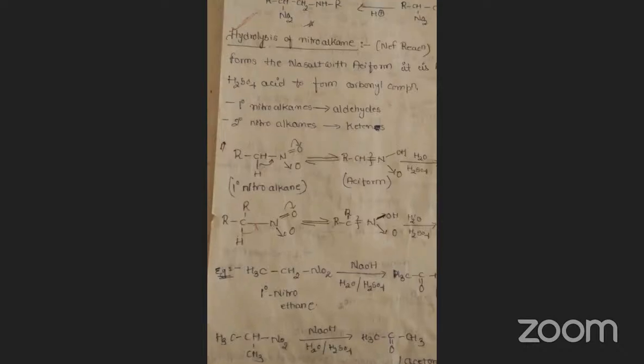In this first reaction, we take the primary nitroalkane, where the R group is substituted with CH2. In this CH2, one of the hydrogens donates its electrons between the carbon and nitrogen. Then the nitrogen-oxygen electrons are shifted and oxygen gets the negative charge.